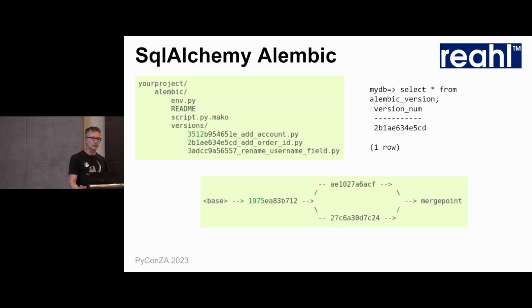So there are tools around to help you with this. In our particular case, SQL Alchemy has a tool called Alembic. And Alembic can generate Python code that does this for you each time you make changes to your code.